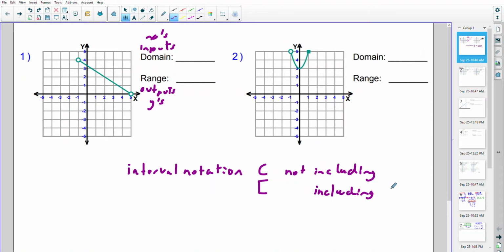The goal of this section is to do some examples on domain and range. Domain and range can be explained by different terms, such as domain can be x's or inputs, range can be outputs or y's.